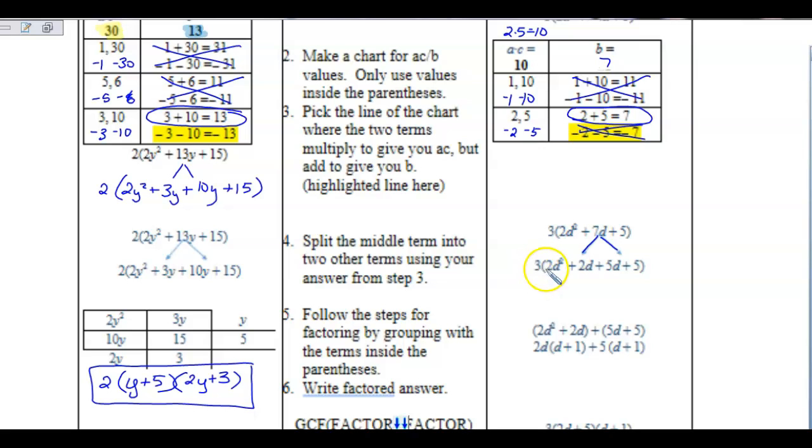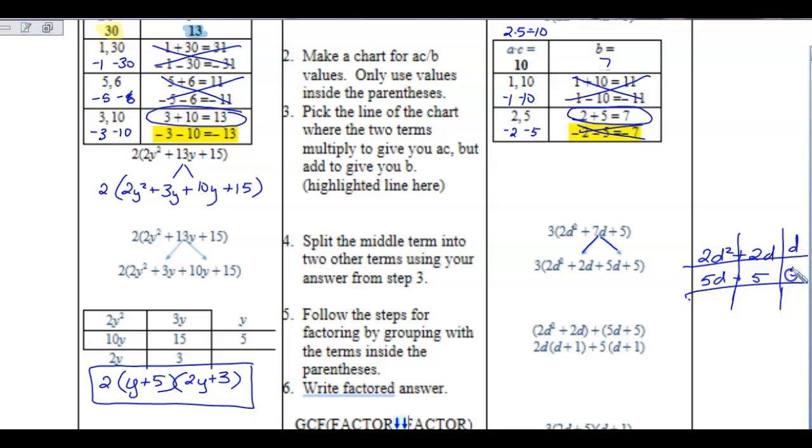So I now have 3 times 2d squared plus 2d plus 5d plus 5. I'm going to use that in the box method. So I had 2d squared plus 2d, and I had 5d plus 5. Go ahead, draw my grid. Going across, I have d.